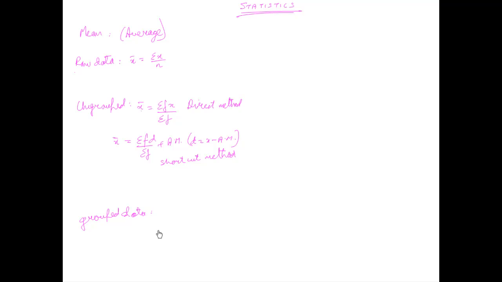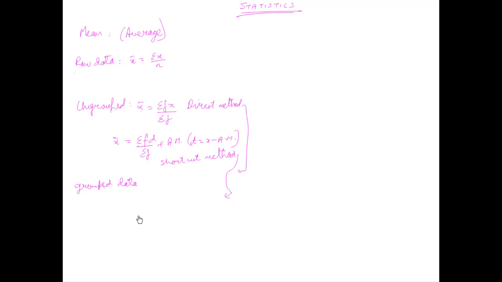For grouped data, children, both these formulas are as it is. Both these formulas come in, children, the direct method and the shortcut method. Those are the first and second method.